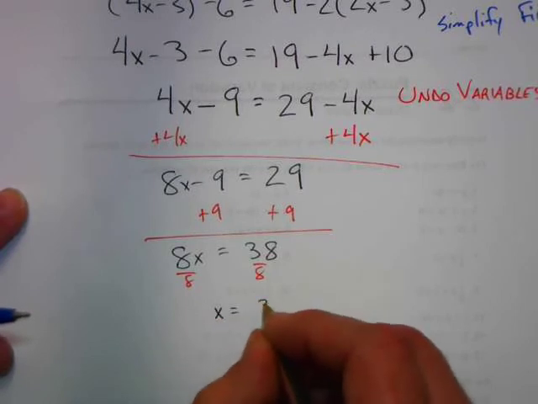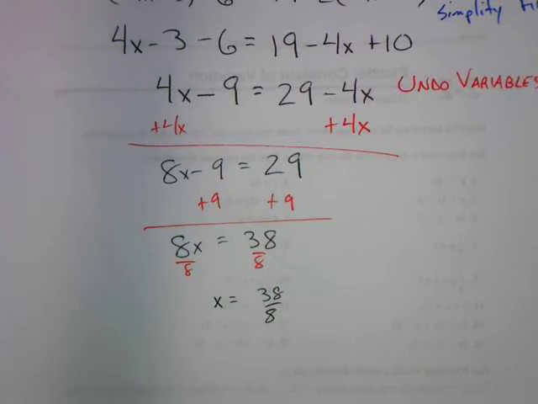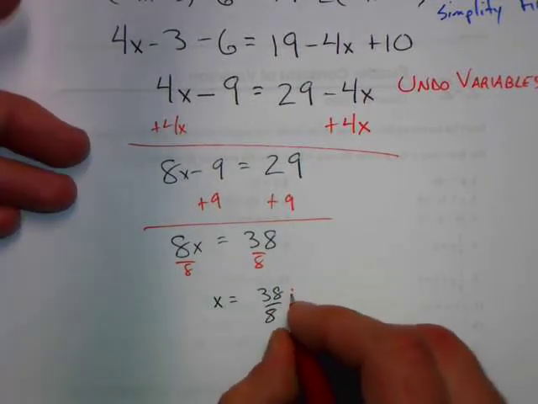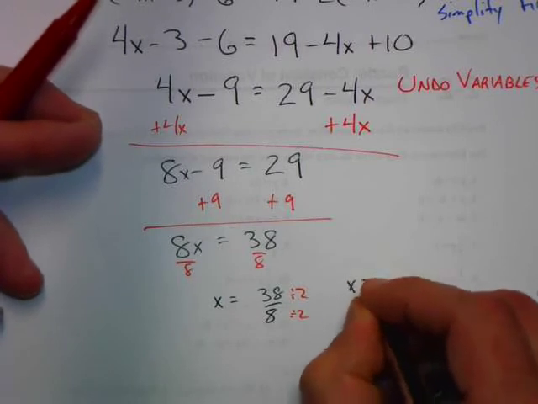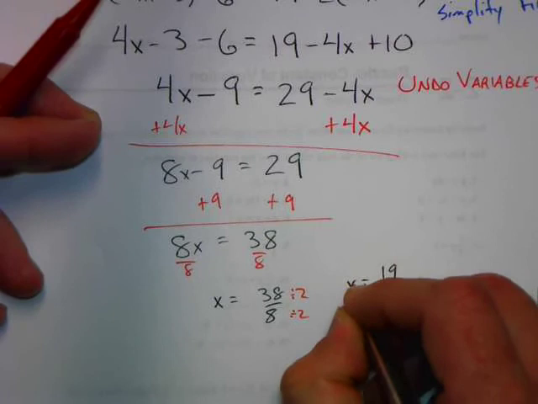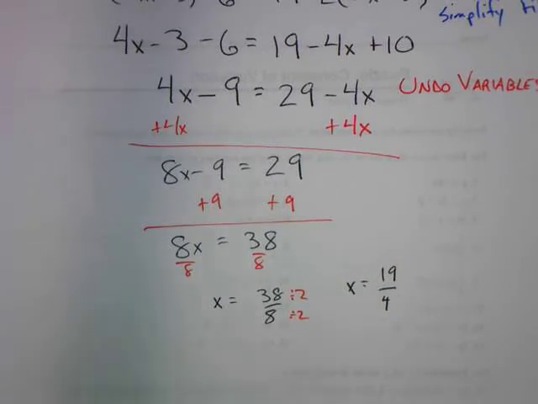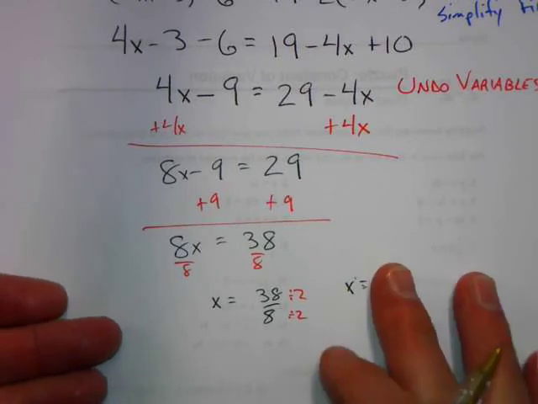X is equal to 38 over 8, which can be simplified. Both the top and the bottom are divisible by 2. So my value that I'm left with is 19 over 4, which is a little bit less than 5. But that is the value for x that would give us a true statement.